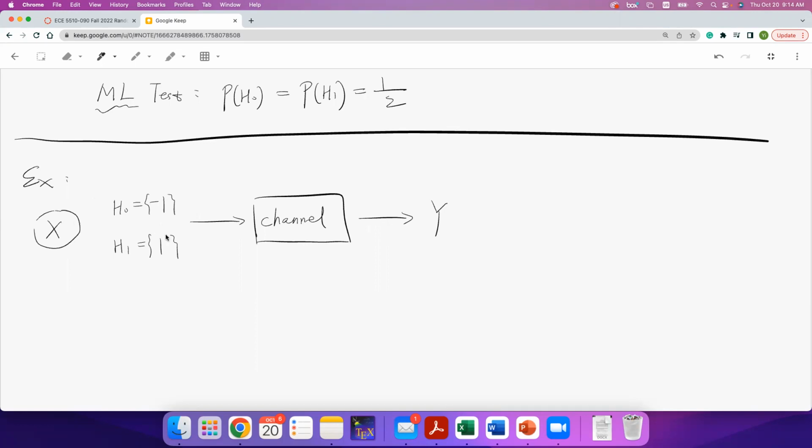So we have two different hypotheses. Now X is transmitted through the channel and we receive Y. Y is a noisy version of X, a noisy observation of the original signal.